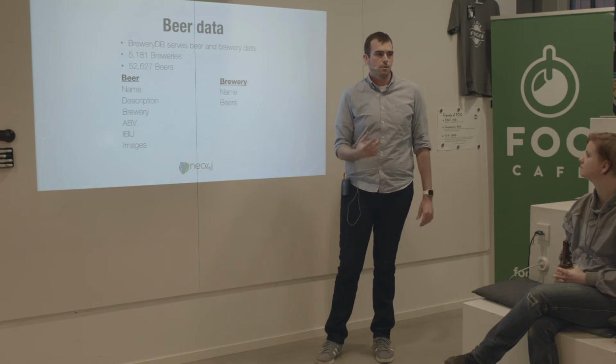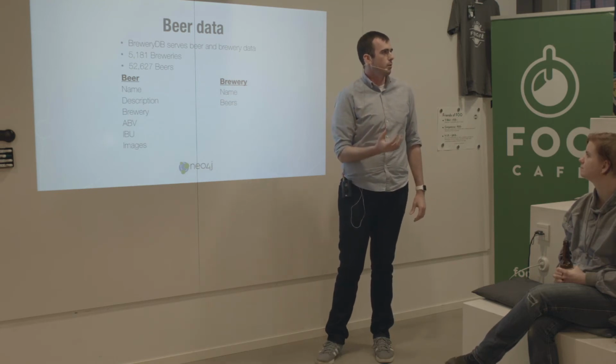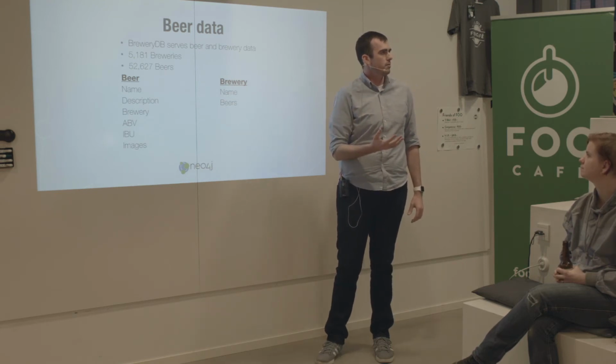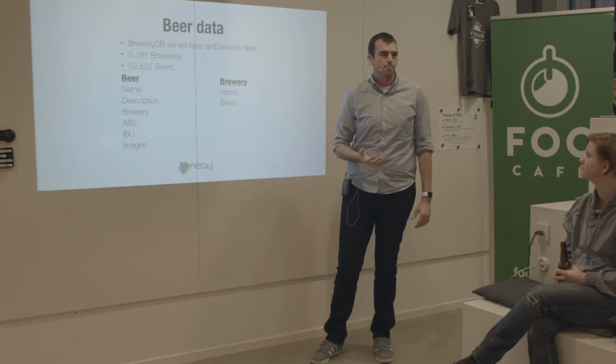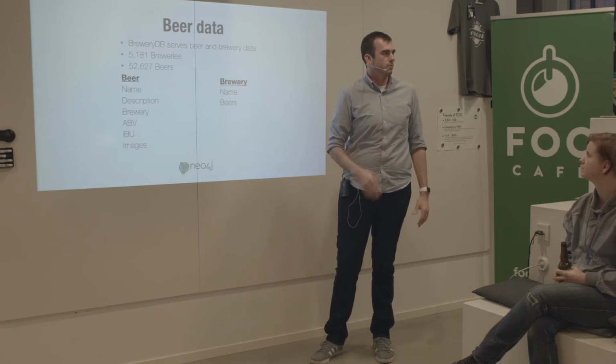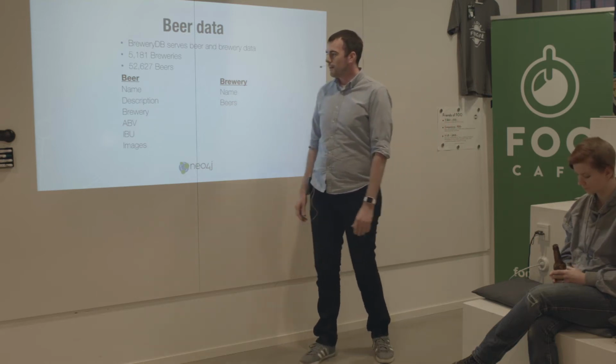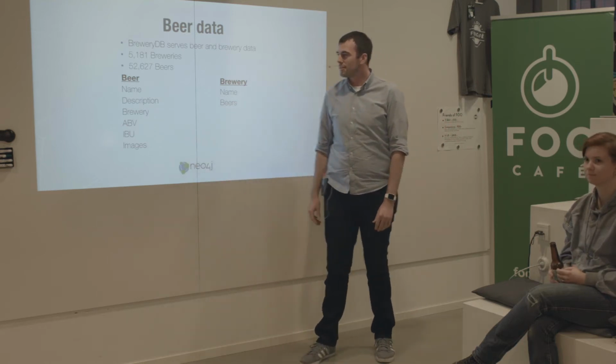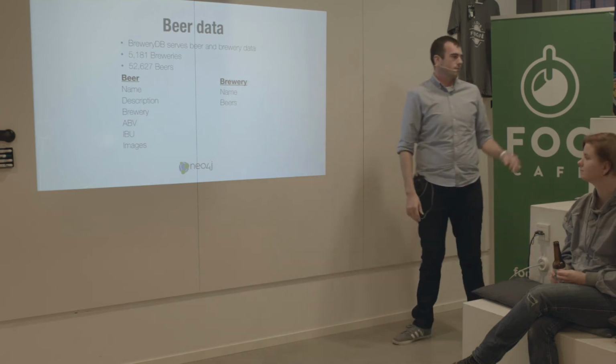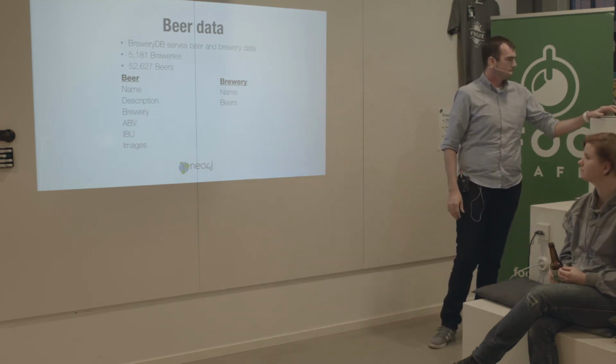So IPAs, I guess, have a high bitterness IBU rating, and ales have probably a low bitterness. Is that correct? More or less, yeah. And you also get nice pictures of the beers. And you get so much more data, but I didn't look at all that yet.